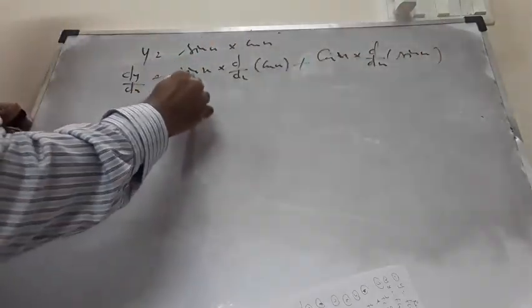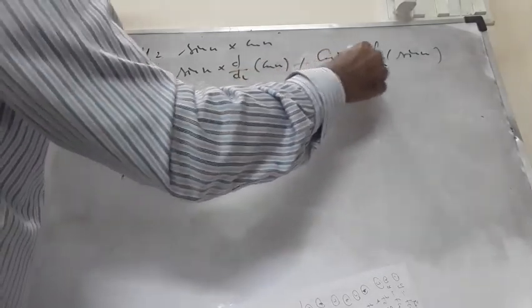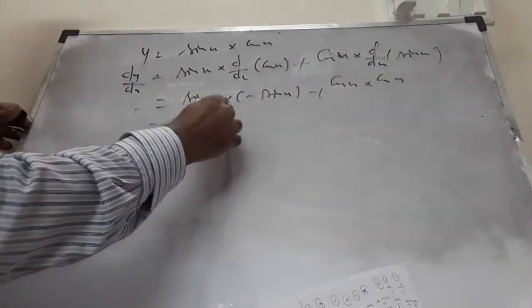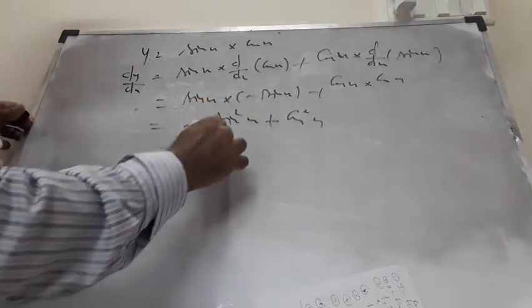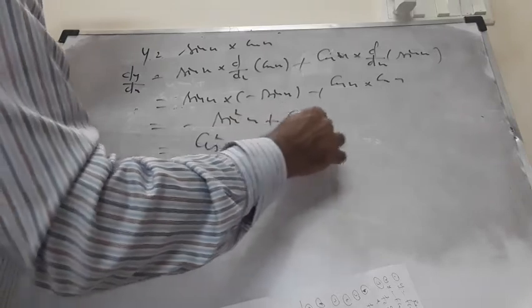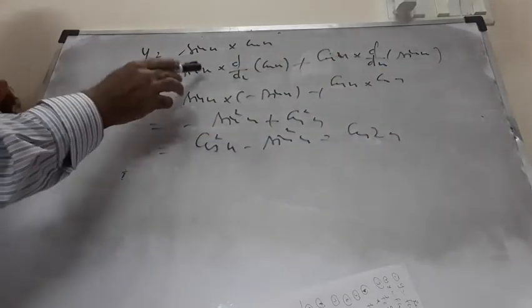Therefore, sin x into minus sin x plus cos x into cos x, which is minus sin square x plus cos square x. This reduces to cos square x minus sin square x, which is also equal to cos 2x. This is by the product rule of differentiation.